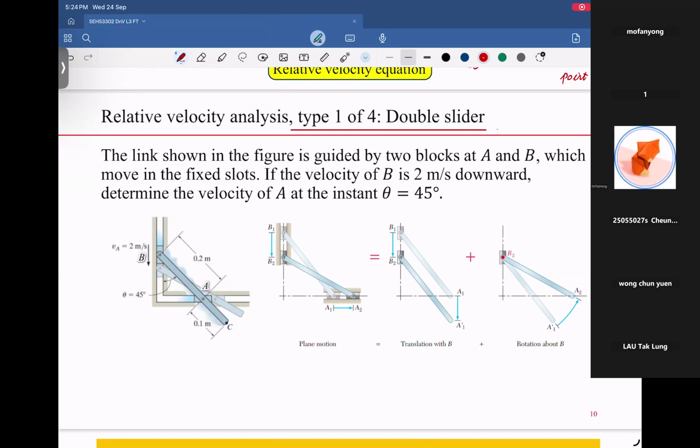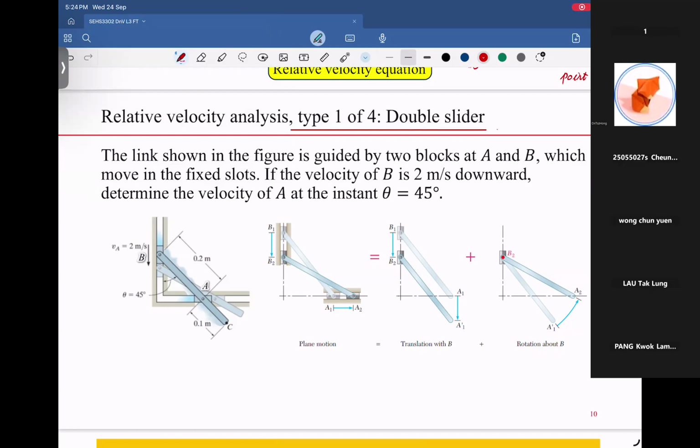See, here we have a link, link ABC, right? This link is in a general plane motion. Point B slides downward, and point A slides to the right, and then point C is in a curved motion.